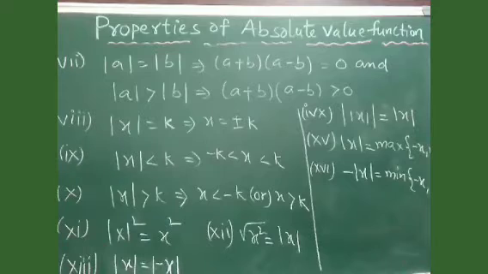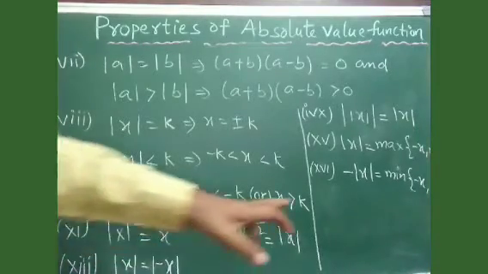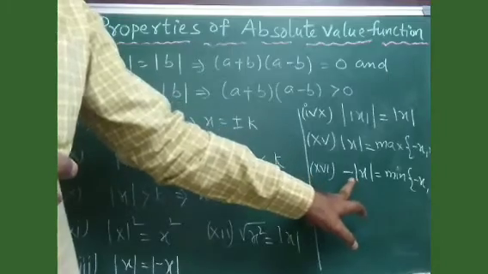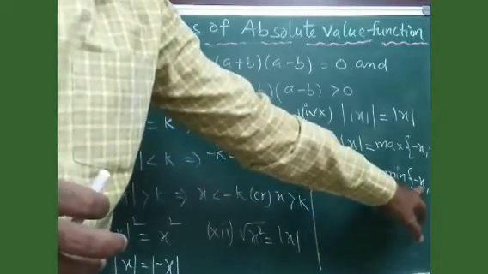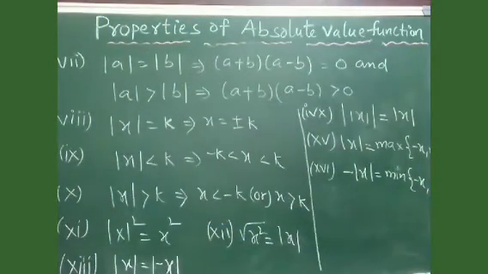Okay, now minus modulus of x equals the minimum of minus x comma x. Within minus x and x, whichever is the minimum, that we will treat as the value of minus modulus x.